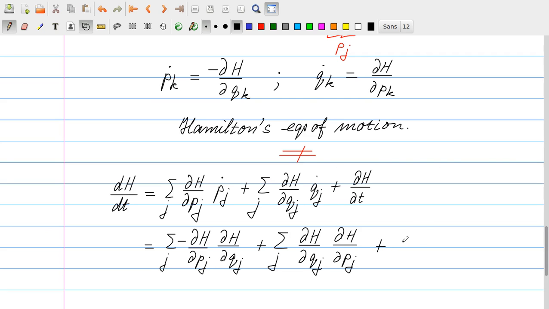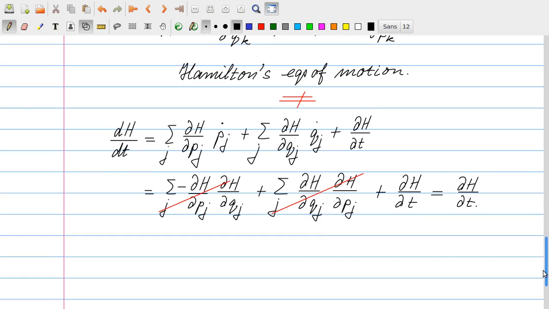And then I may have this explicit time dependence. Now you immediately see that this term is the same as that term, but it has a minus sign. So the first two terms here, the first two sums, they cancel, and therefore I'm left with only ∂H/∂t.